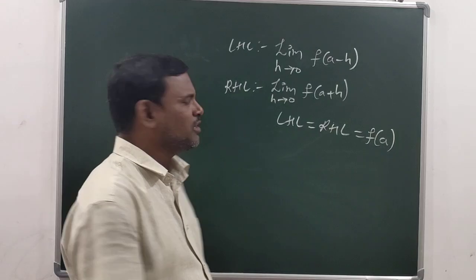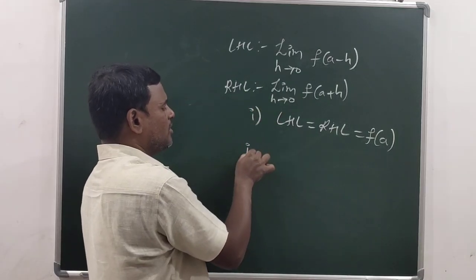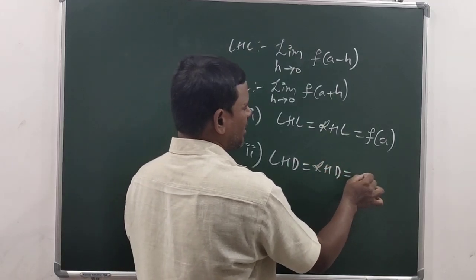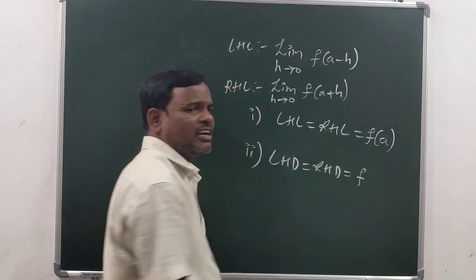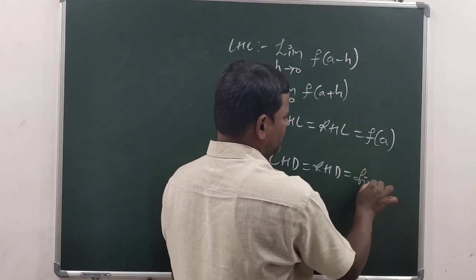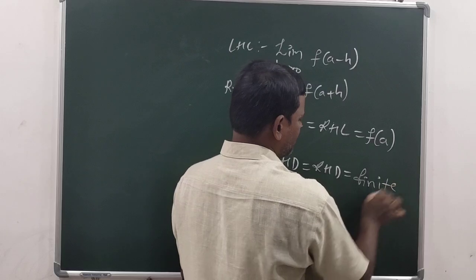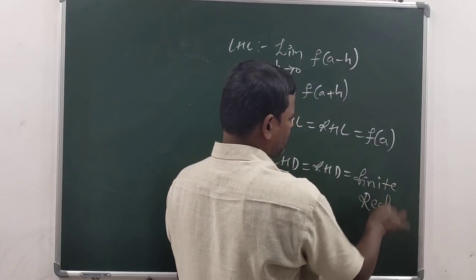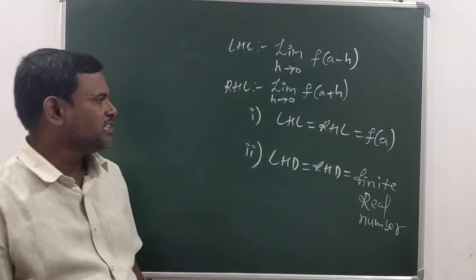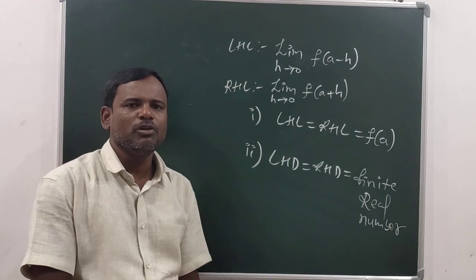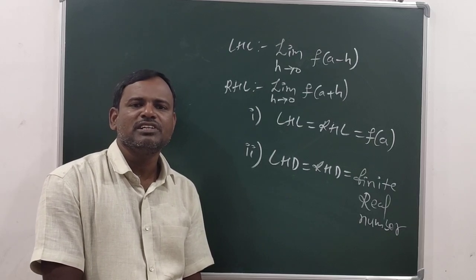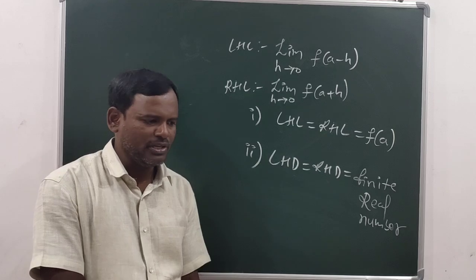And along with this, you need to check LHD and RHD, and both must be equal to a finite real number. Then you can say that the function is differentiable at x equal to a. I hope you have understood whether the function is differentiable or not at x equal to a.